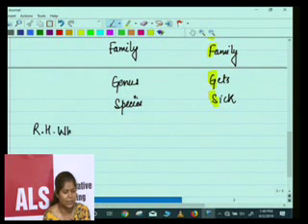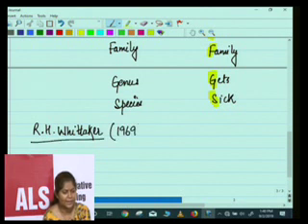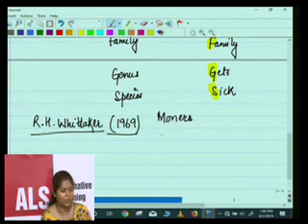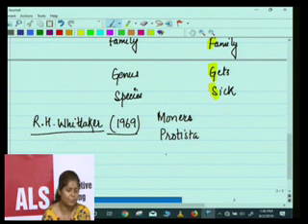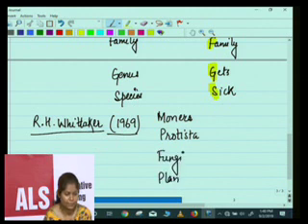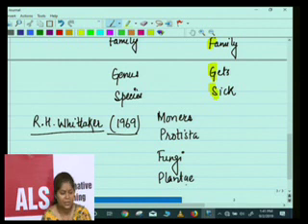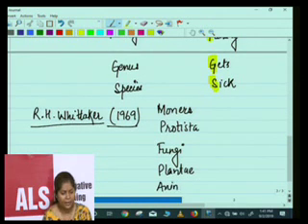R.H. Whittaker, year. Who is going to tell me about the year? Is it 1969? He divided all the particular members of the biological world into 5 kingdoms: Monera, Protista, fungi, Plantae, and Animalia.